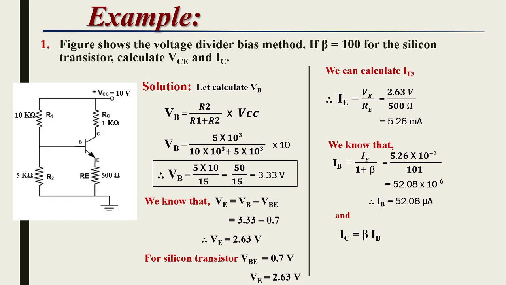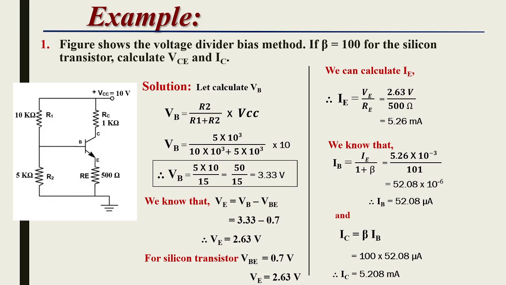Now we have to calculate the current IC. IC is equal to beta IB, so we get 5.208 milliampere. So we used the input voltage VB to calculate the current IE, then calculated IB, and using IE and IB we can calculate the output current IC.